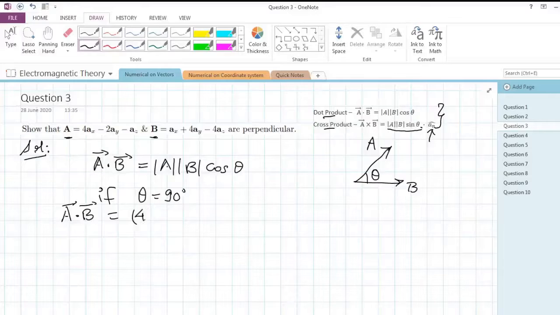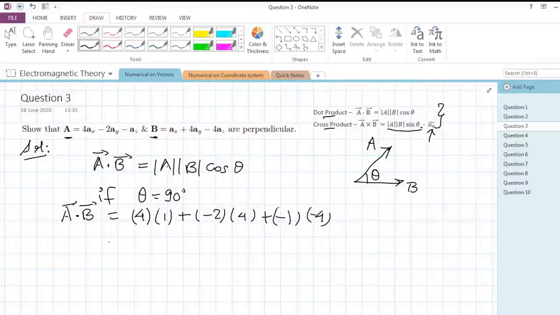So in vector A, 4 is attached with the x direction, and vector B has coefficient 1 with it, then minus 2 from A vector and 4 from B vector, then minus 1 from A vector and minus 4 from B vector. So finally multiplying these, 4 into 1 is 4, then this should be minus 8 and this will be plus 4. So the answer would be 0.